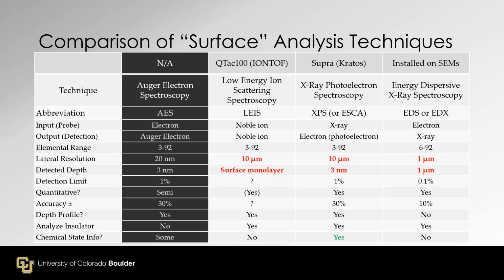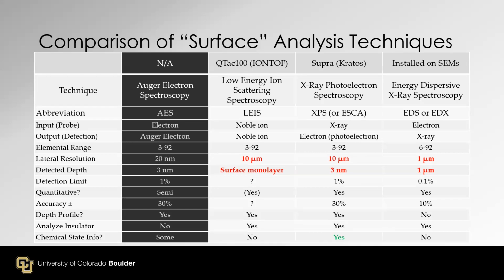Okay. And next is something we have in 361, the QTAC 100 from IonTOF. The technique is low energy ion scattering spectroscopy. It's called LEIS.